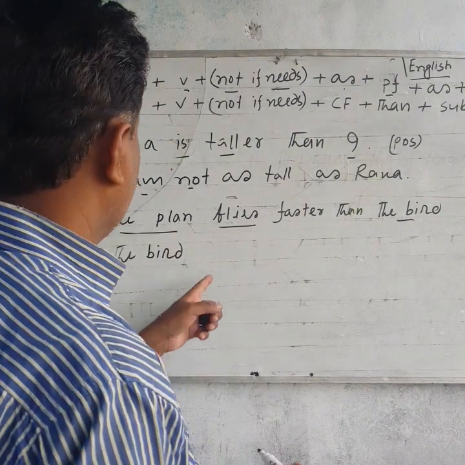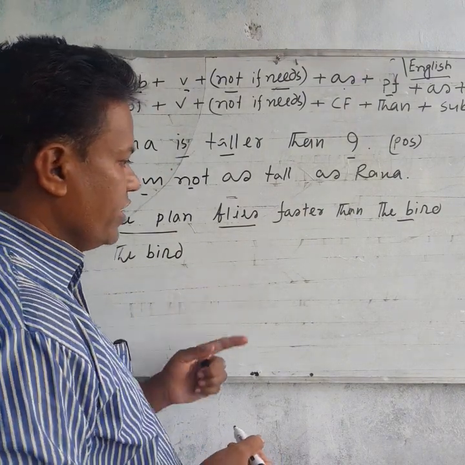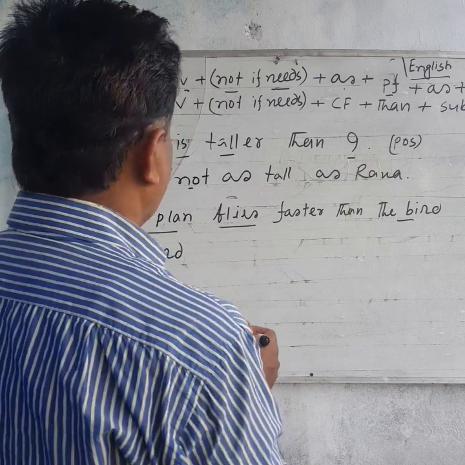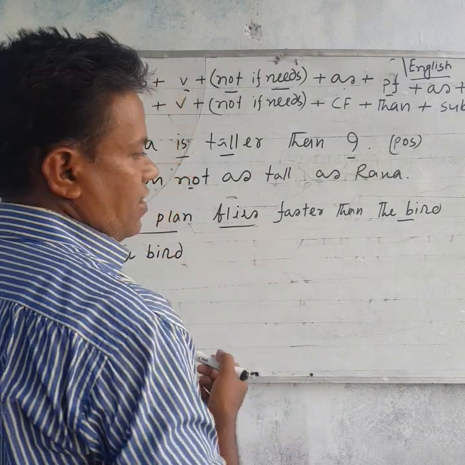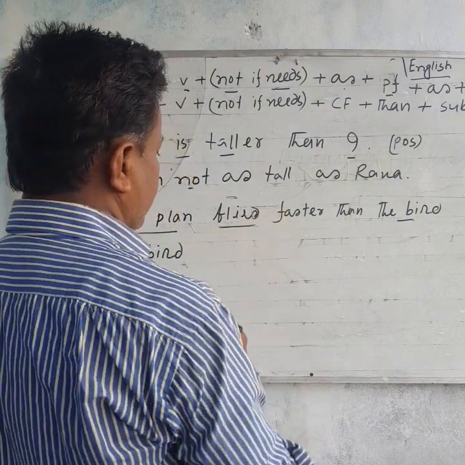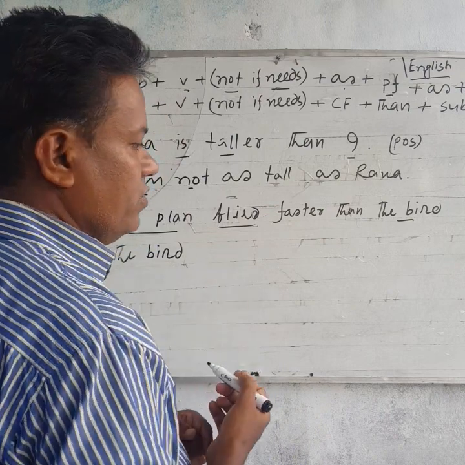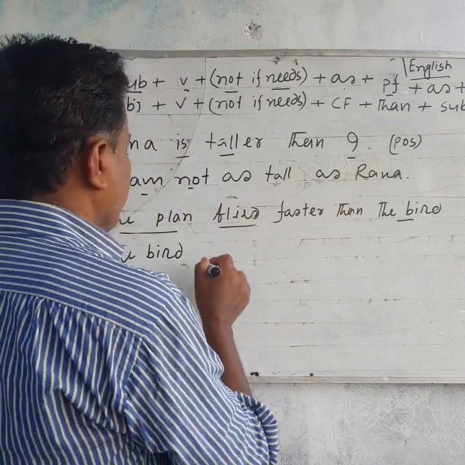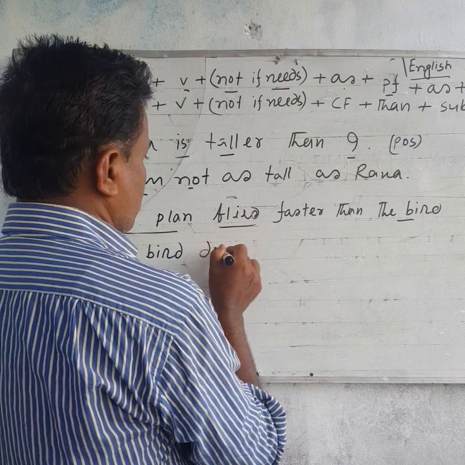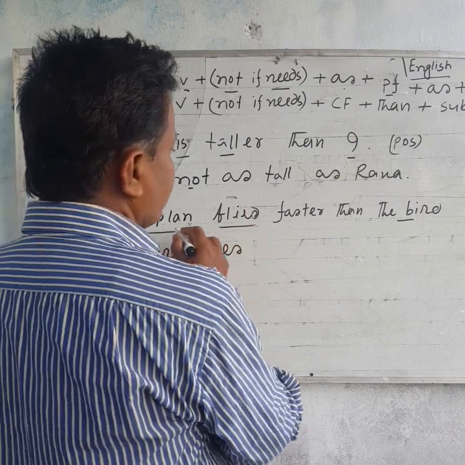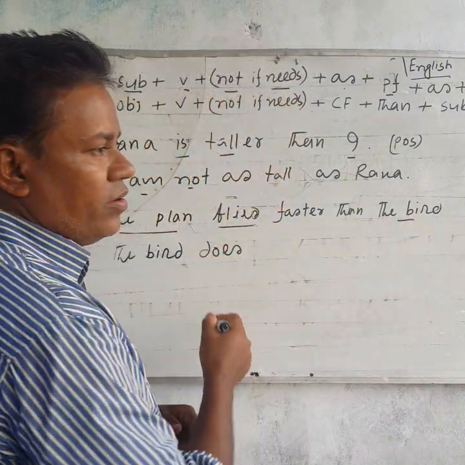So now we have to bring the do verb. That means flies, with s, so third person singular number. So we have to bring does, because here is no not.